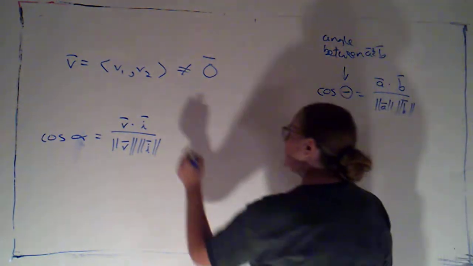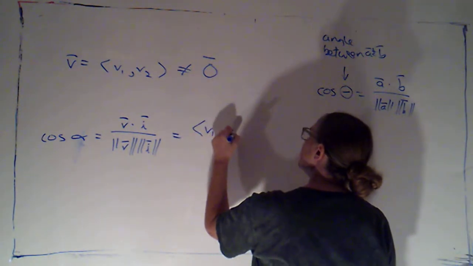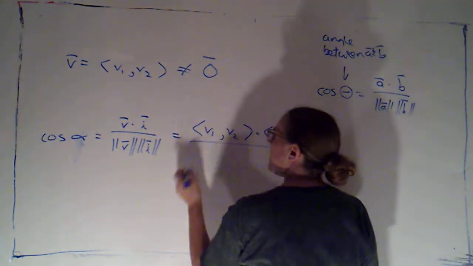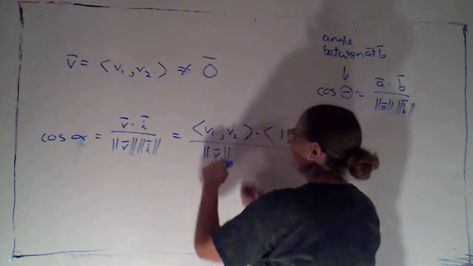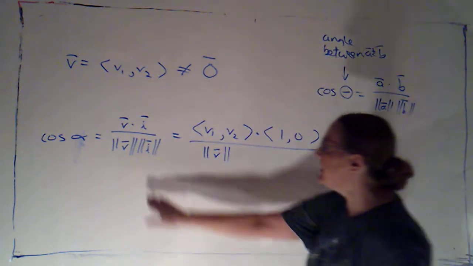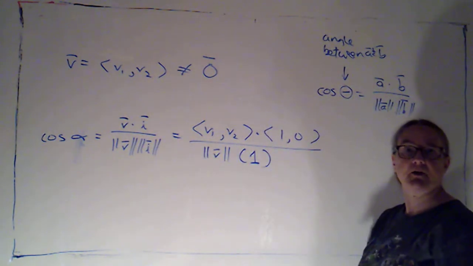But I can work this out fairly nicely, because that's just going to be (V1, V2) dotted with (1, 0) over the magnitude of V, which if I wanted to I could write out as a square root. I'm actually just going to keep that there. But the magnitude of I I know is just 1, because that's a unit vector.